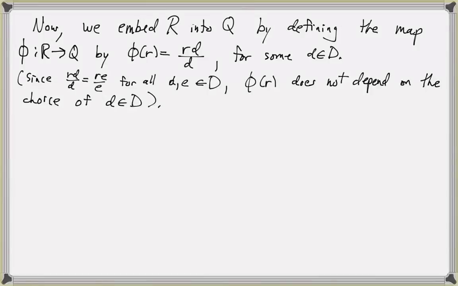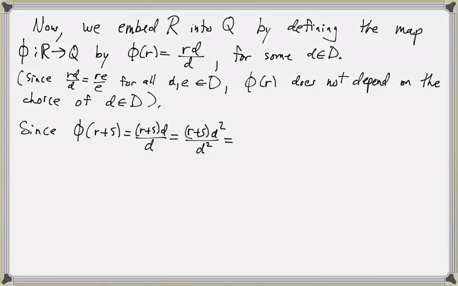Now this map is a ring homomorphism. So let's look at that. Phi of r plus s equals r plus s times d over d, but this also equals r plus s times d squared over d squared, because d is in capital D. And then I can distribute the d squared, so this is rd squared plus sd squared over d squared.